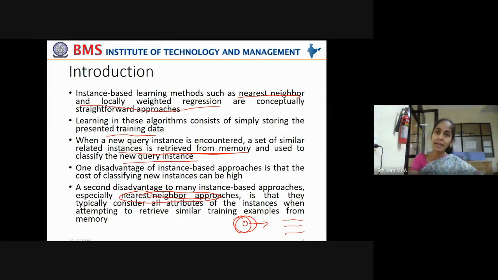It takes all the 10 attributes into consideration to match the new instance with the existing instances. So that may sometimes deviate the categorization. Though it has to fall into a particular category, because unimportant variables are given equal importance along with the important variables, it may be categorized into a wrong class. That is another disadvantage.